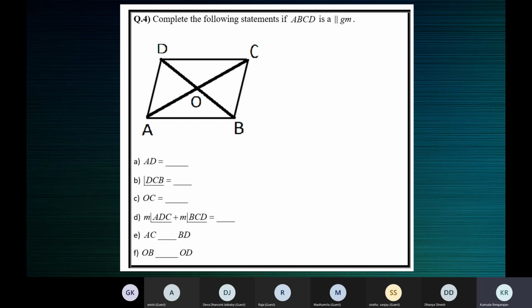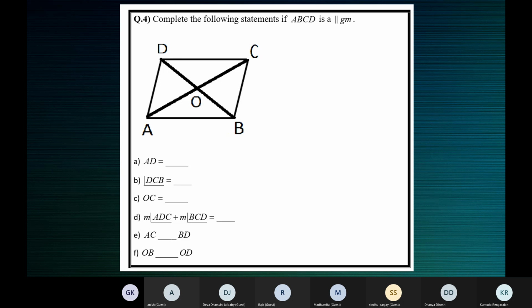Devadarshini, complete the second one. Angle DCB is equal to some other angle. It's not possible to find the measure of angle DCB. Angle DCB is equal to which angle?